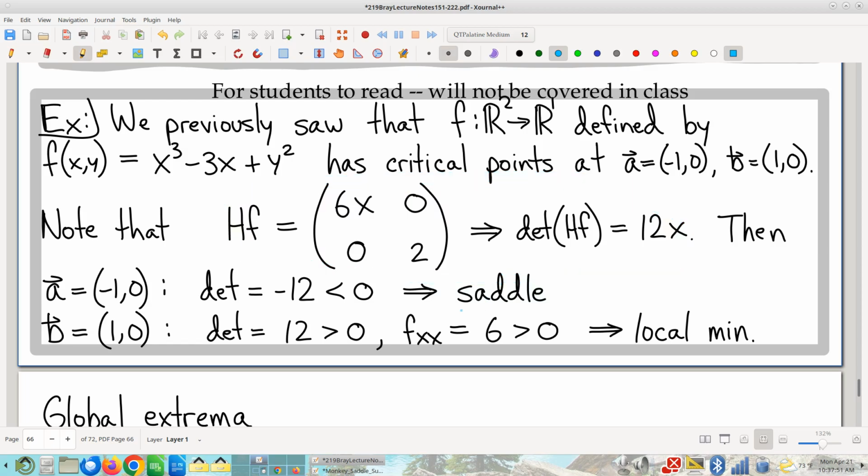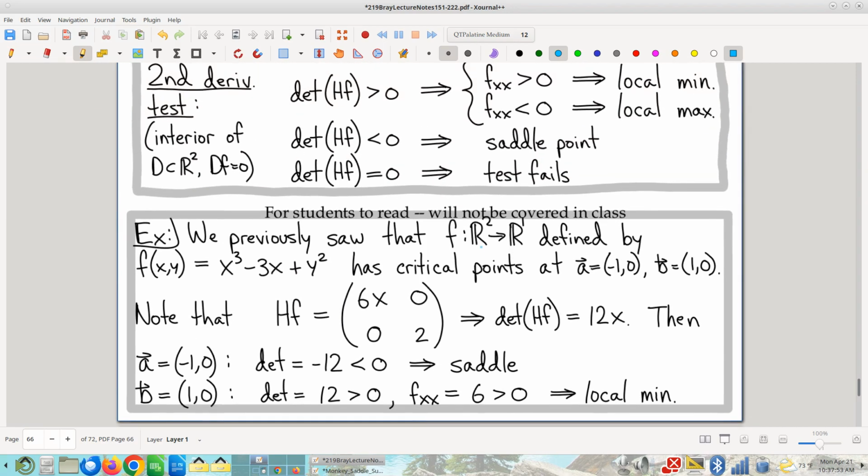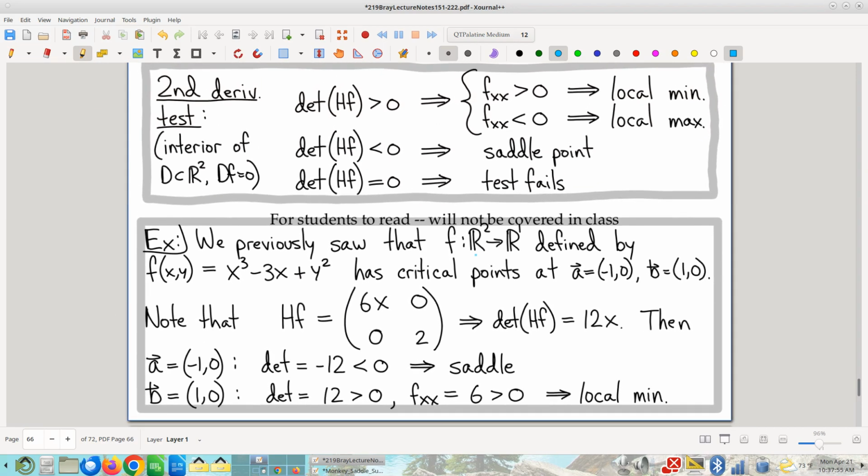So let's see here. I will point at this first critical point. The determinant's negative. That means saddle point. Just following the little chart there. Okay. Looking at the second point there. Plug in.